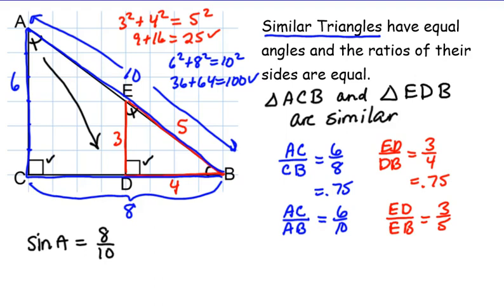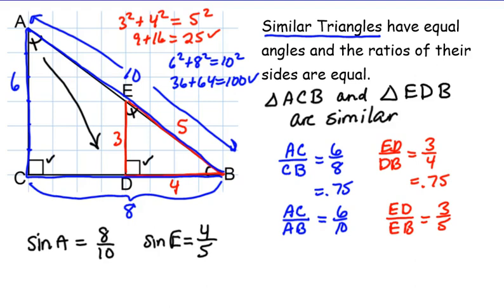Now if we look at angle E, which is supposed to be the same value, sine of angle E is equal to 4 over 5, which is the same as 8 over 10. Okay, they're the same angle, they have the same trig value, even though the sides of the triangles are not the same in both triangles. They're both still 0.8. 4/5, 8/10, they're both 0.8.